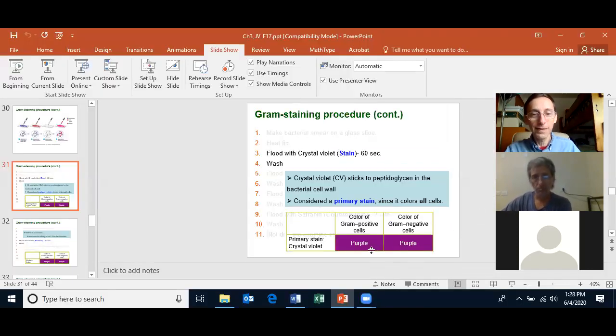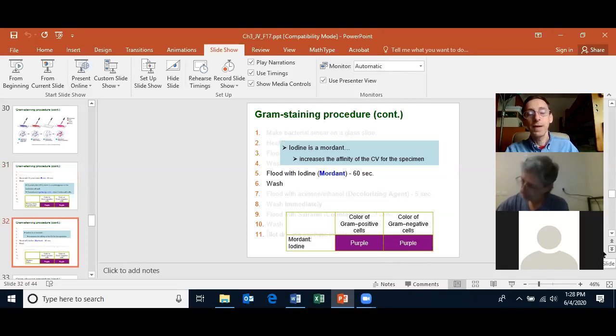The gram-positive cells are staining purple, the gram-negative cells are staining also purple. Is this visible for you guys to see? Can I use this because this is getting in my way? Yeah. All right, thank you.